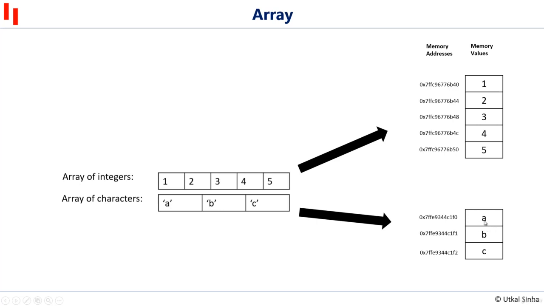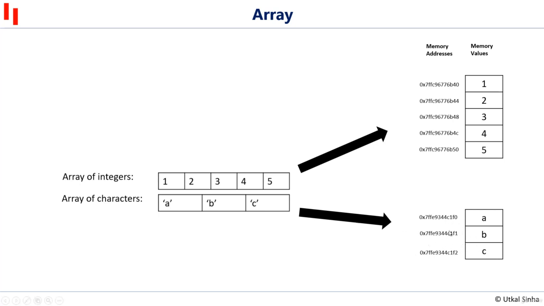Now, when we come to the array of characters, they are also stored in memory in a continuous manner. The first character, in this case A, is stored at a location ending with F0, followed by the next character B, which is stored at location F1. We can see that the difference between the two addresses is 1 byte. In a computer, each character takes 1 byte of memory.